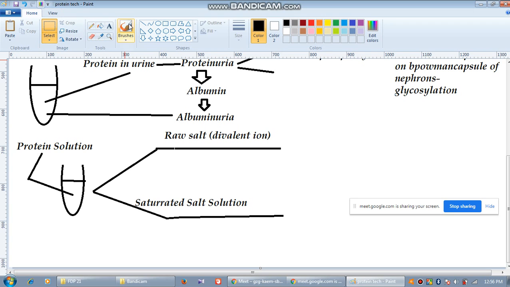So what will happen is, when we add raw salt, in this case only, we will see the precipitates. Okay, so I'll once again draw a little bit. Here you should be a little careful, because last time also we did things like this.